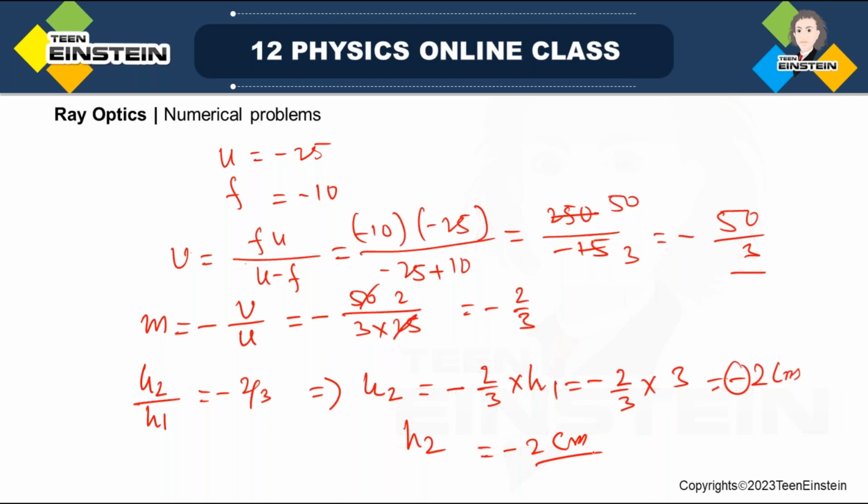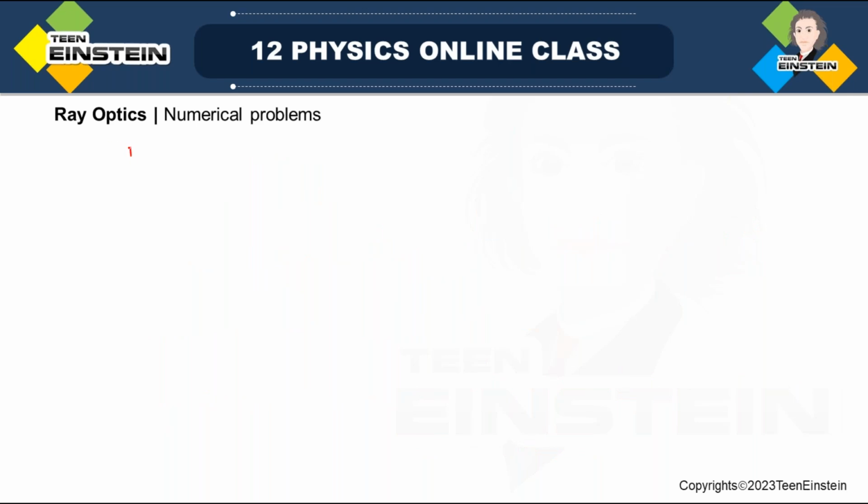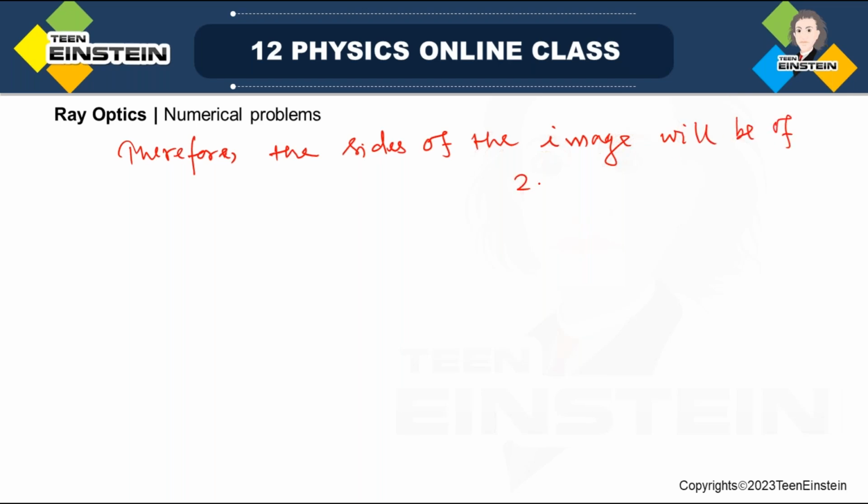Okay, so we have got the size now. Image size, that means you have got this image of the square. Therefore, the sides of the image will be of 2 centimeter. Okay, so what will be the area?